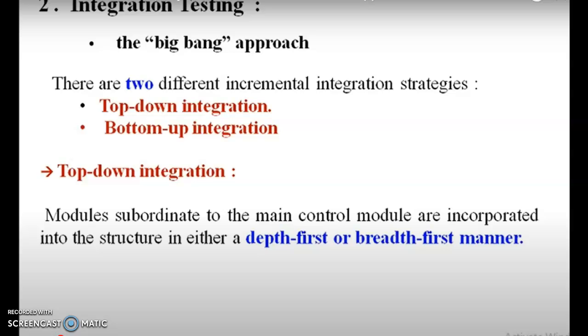Here in unit testing, the modules are tested individually, and here these individually tested modules or units are combined, and these integrated units are tested again, which is called integration testing.